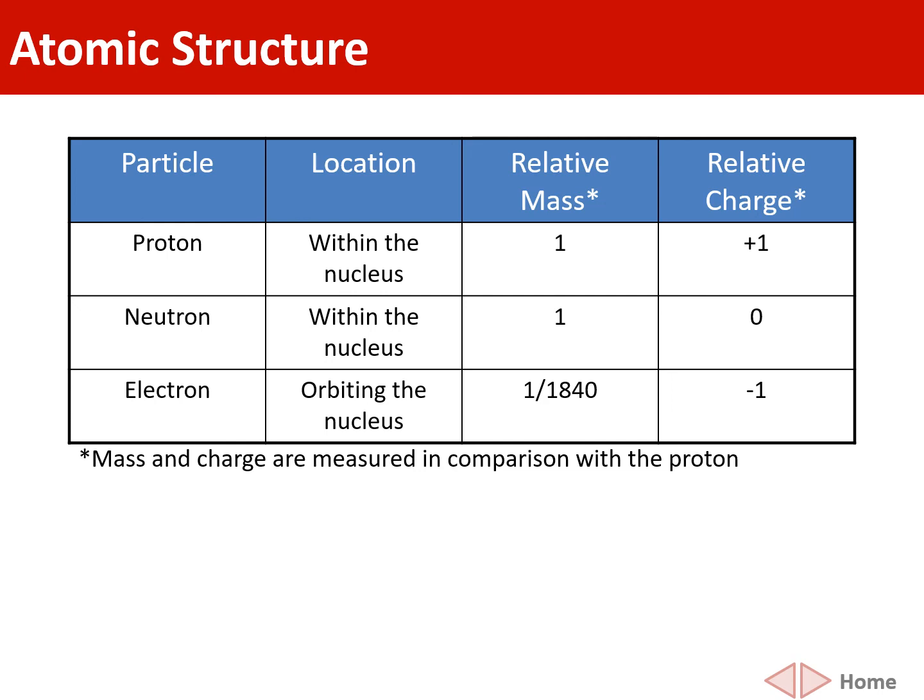They're just in comparison with the proton. The mass of a proton is about 1.67 times 10 to the negative 27 kilograms. And its charge is 1.6 times 10 to the negative 19 coulombs. Those are numbers you don't need to worry about, but we'll maybe mention at a later stage.